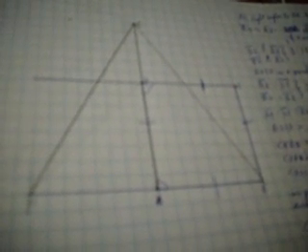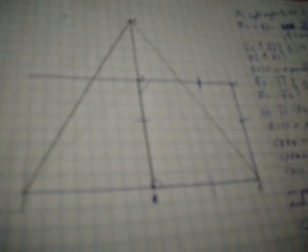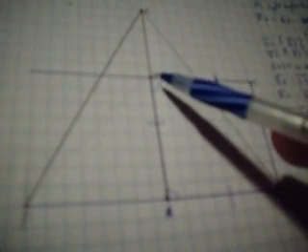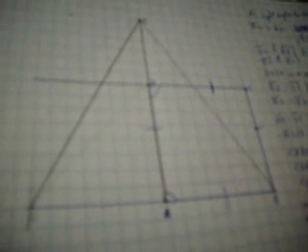You can check that out for yourself. Alright, now, we've already established that BAD is a right angle, and since this here is equal in size to this one, then we can also say that ADE is also a right angle, or 90 degrees. 90 degrees here, 90 degrees there.